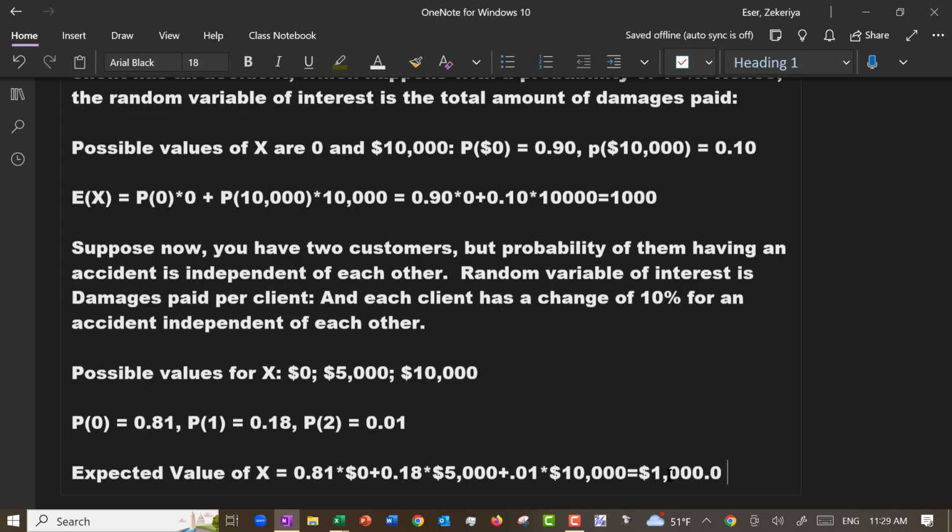It should not be surprising to you at all that expected loss per person is still 1,000.